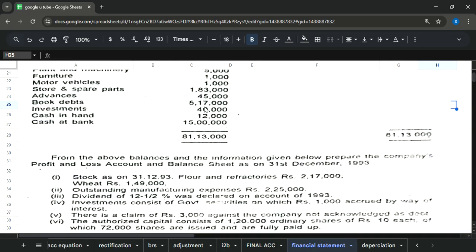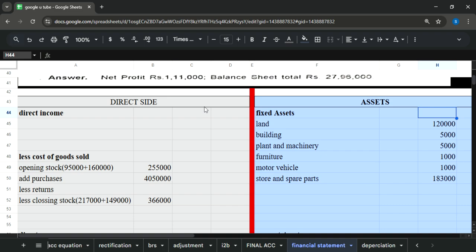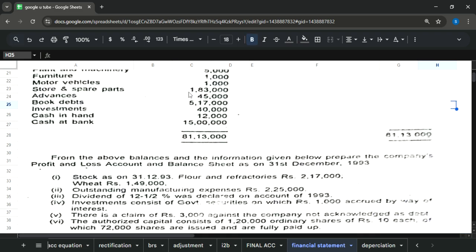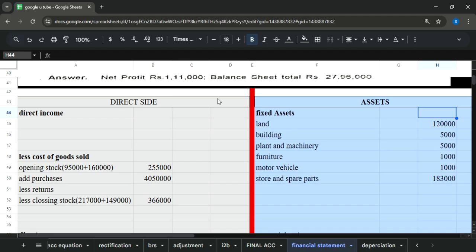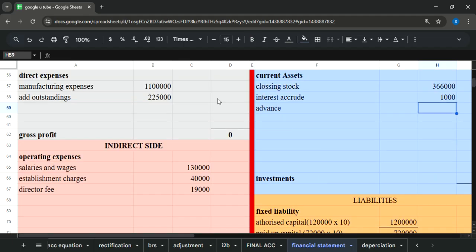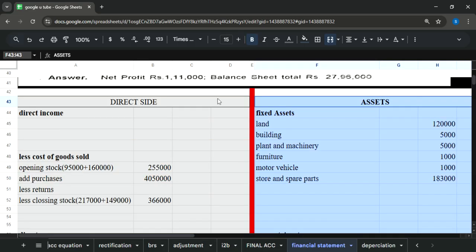Let's check it out. Store 183,000. Alright, advances 45,000. So here 45,000 would be mentioned in current asset side.